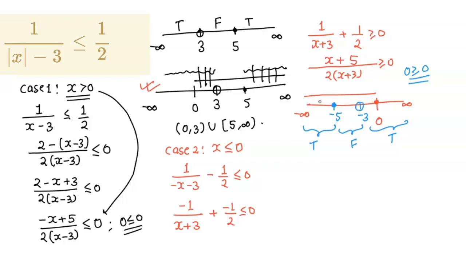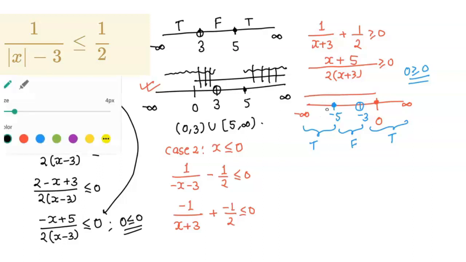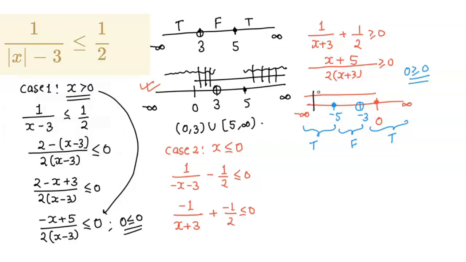Now I am going to take the answer line in this red region, and that is this part, because here the statement is true, and this part. So here the answer is minus infinity to minus 5, with minus 5 closed, and union minus 3 to 0.